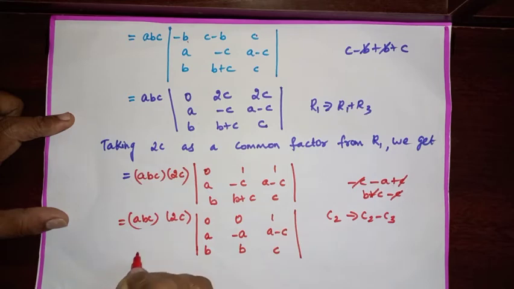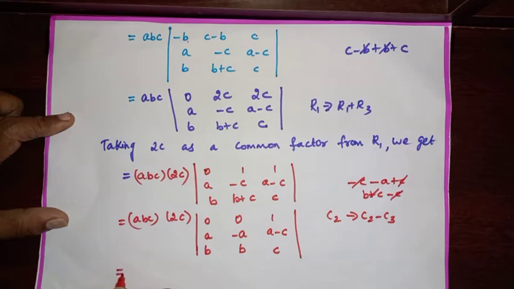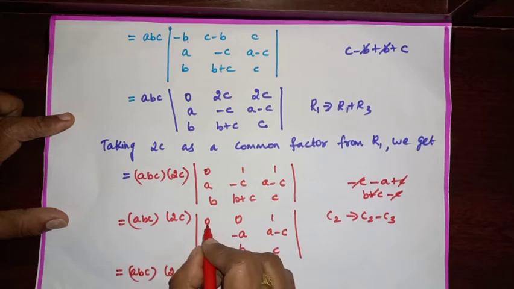Now I am going to expand this along R1. Then we get A, B, C, 2C. The first element is 0.